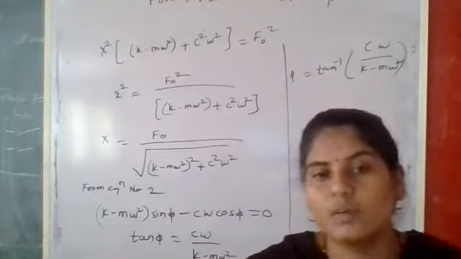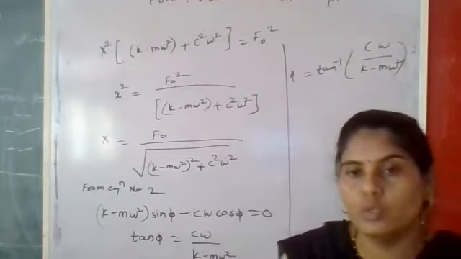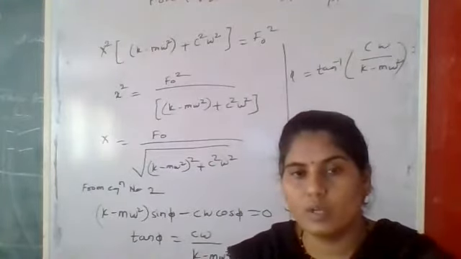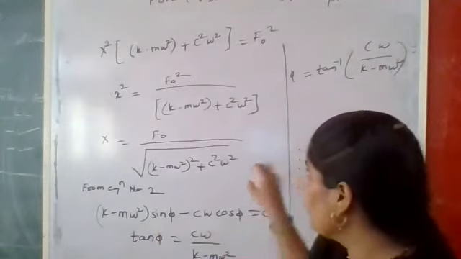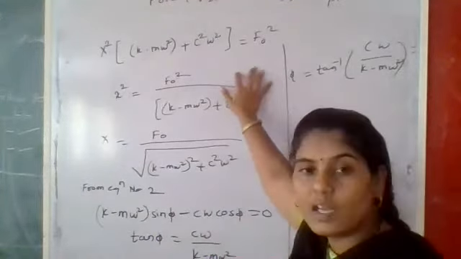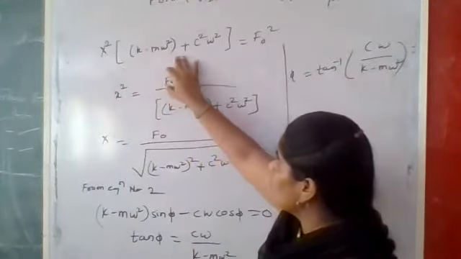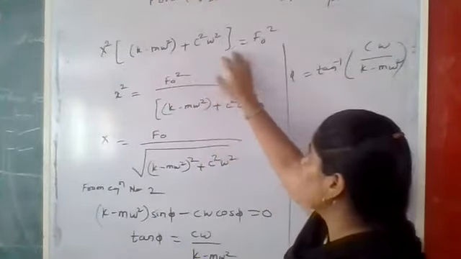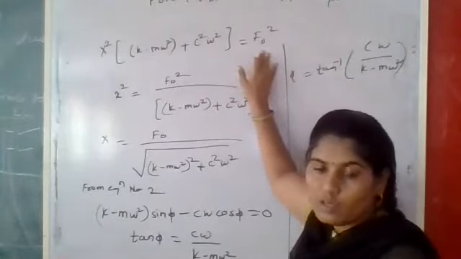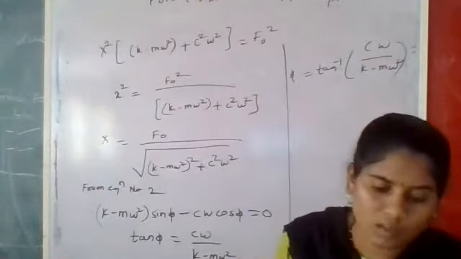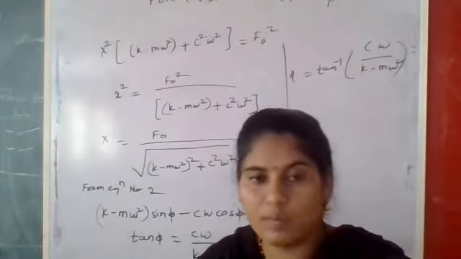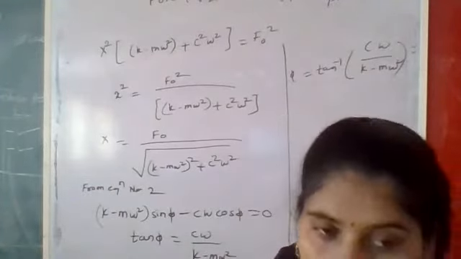If we split the main big equation into two equations, by squaring and adding both, we get directly X square times (k minus m omega square) square plus c square omega square equals f naught square. We get that formula by splitting into two equations and squaring and adding both.